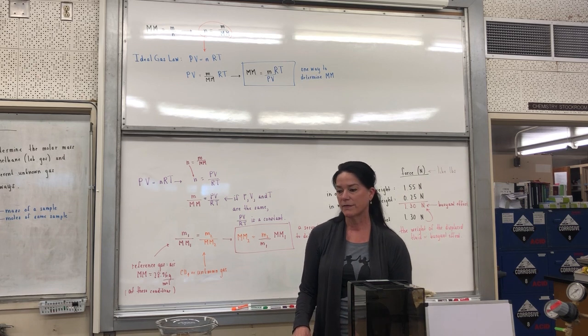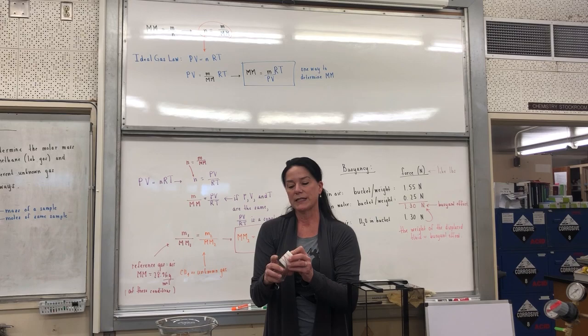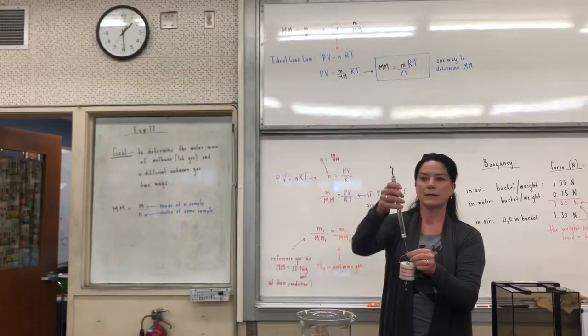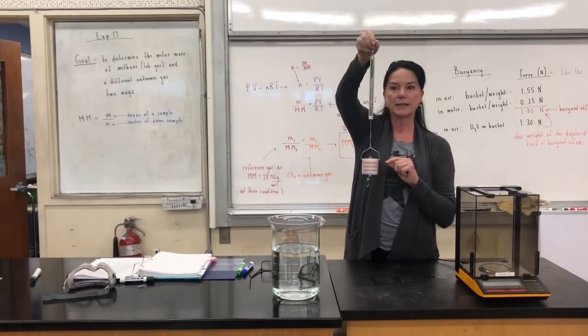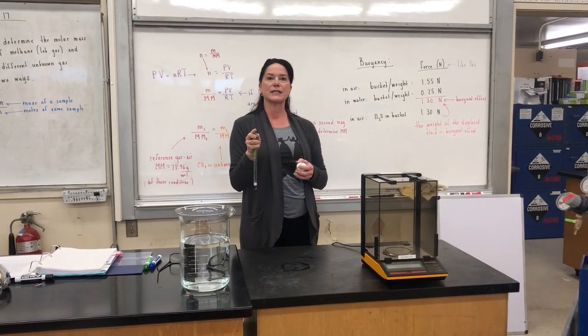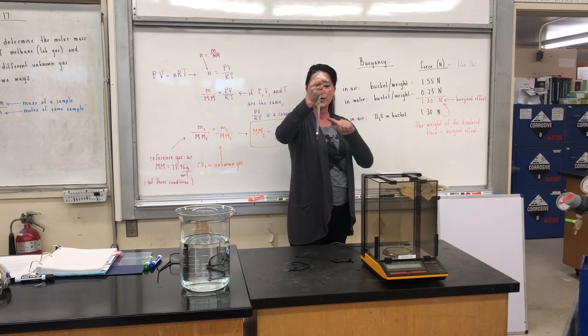So I need to talk about that for a minute. I have a spring scale here. It measures weight in newtons, and if I just take this cup and the mass in it, and I get the weight in newtons, it's 1.55 newtons according to this scale.